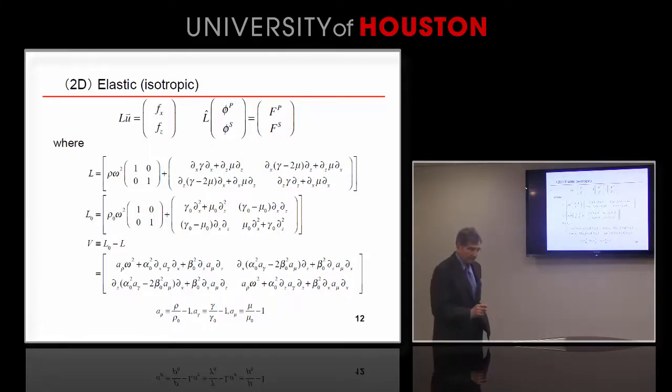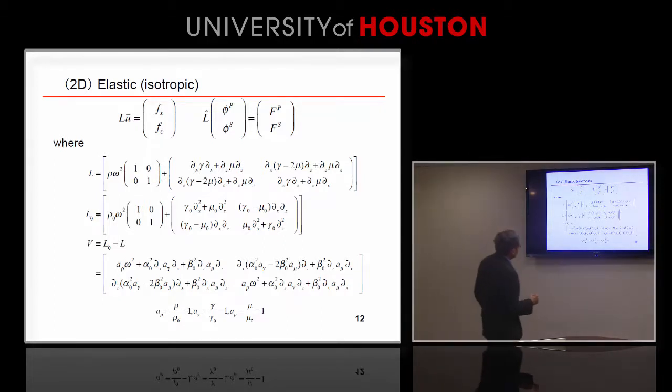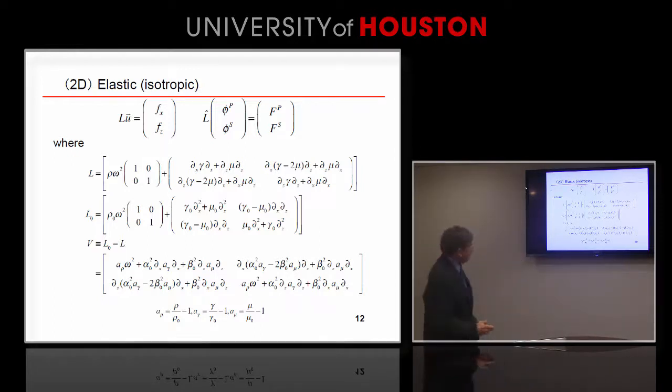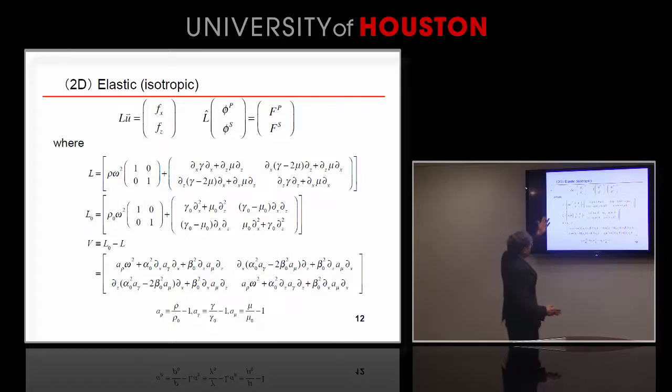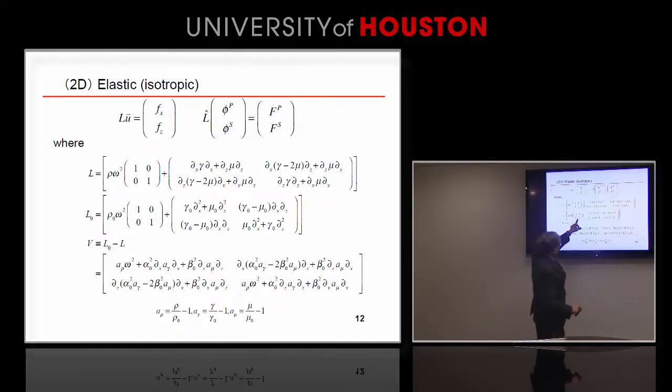The second key point of this talk is that if you're dealing with any elastic problem, you have to start off, here's a 2D elastic problem, isotropic. In 2D or 1D, it's with offset data, and L is a matrix, and the components phi p and phi s are coupled.